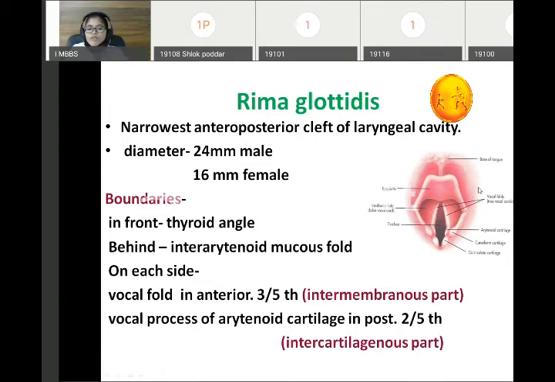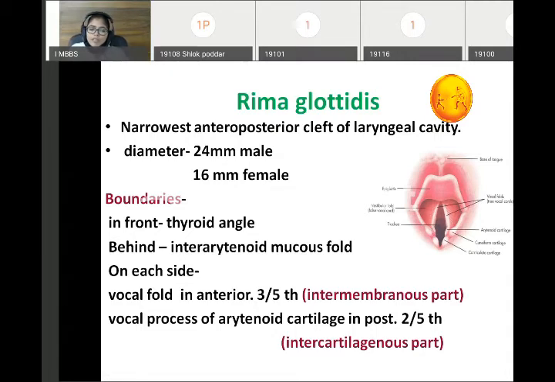Boundaries: it is bounded in front by the posterior surface of the thyroid angle, and behind by the interarytenoid mucous fold. On each side it is bounded by the vocal fold in the anterior 3/4 portion and the vocal process of the arytenoid cartilage in the posterior 2/5 portion.